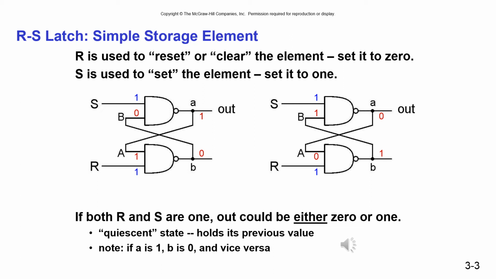If both R and S are 1, out could be either 0 or 1, which means we have remembered or we have stored, okay? We're going to talk about the truth table for this in a second, but that was already presented in significant detail in that video that I'm sure you watched, right? I was young once. I know how students behave. Some of you.